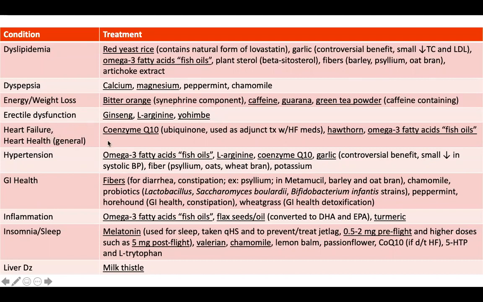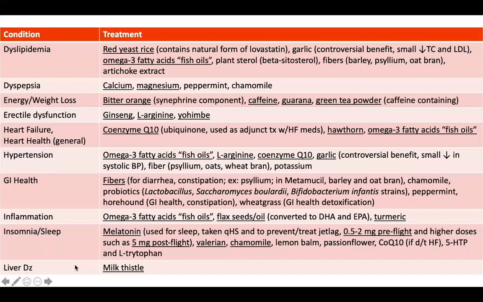Heart failure and heart health, CoQ10, hawthorn, omegas. Hypertension, we see omegas, L-arginine, CoQ10, and garlic. GI health, they say fibers, they underline that. Inflammation, they say omegas, flax seeds, and turmeric. For insomnia, they say melatonin, valerian, chamomile.